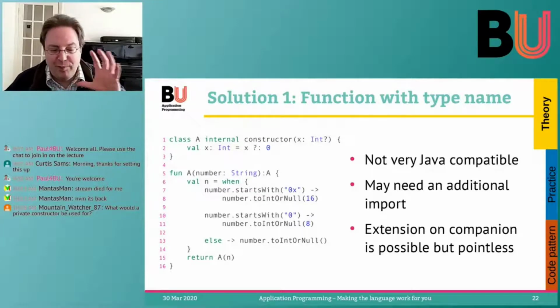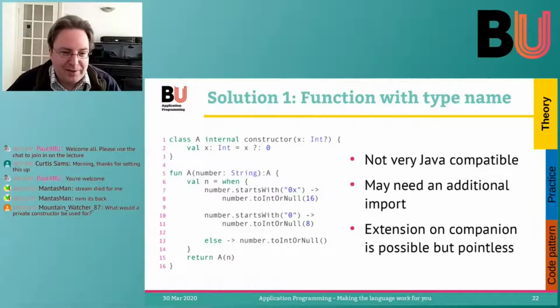So the formatter I use for these slides doesn't distinguish that. It doesn't look at the code that carefully. And yes, you could also instead use an extension function upon a companion object, because in Kotlin all objects have a companion, or kind of sort of have a companion.